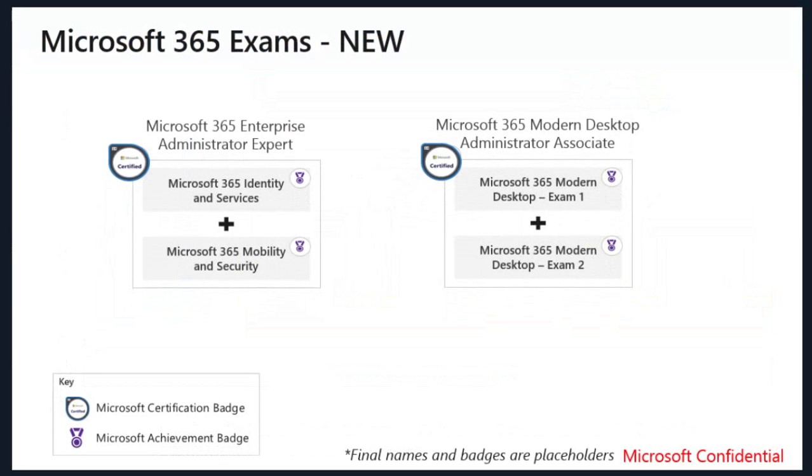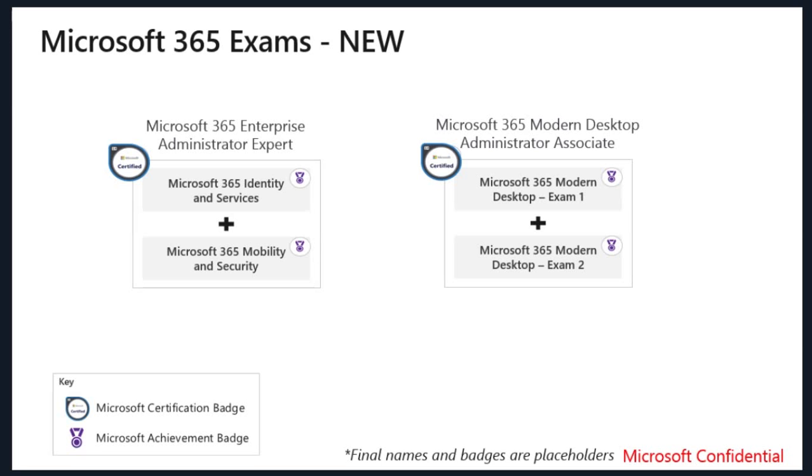Taking that next step down into the Microsoft 365 Enterprise Administrator and the Desktop Administrator. Again, these are both 2 exam paths. So when you look at the Enterprise Administrator, there's an Identity and Services exam, there's a Mobility and Security exam. Taking both of those exams will yield you the new certification at the expert level for M365.